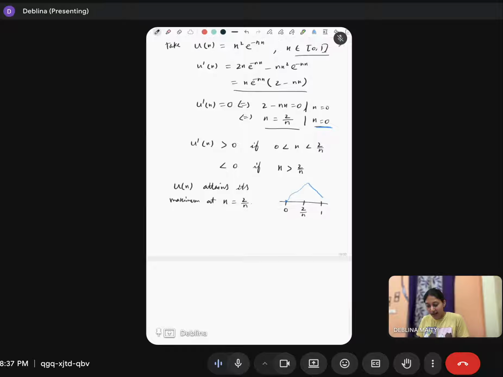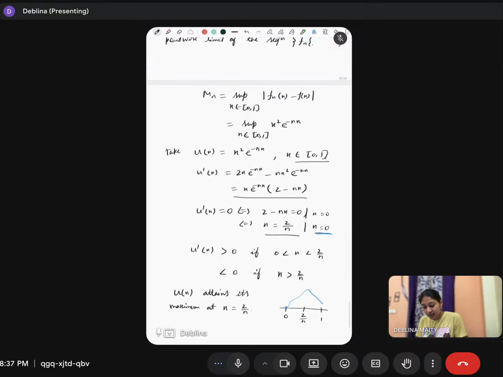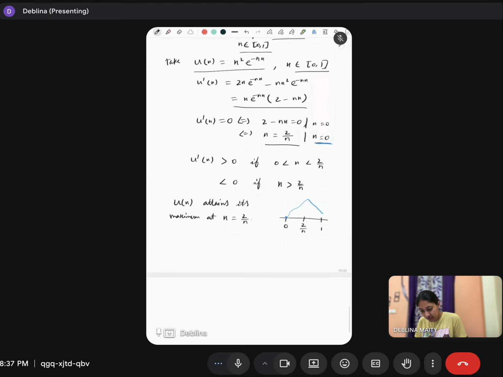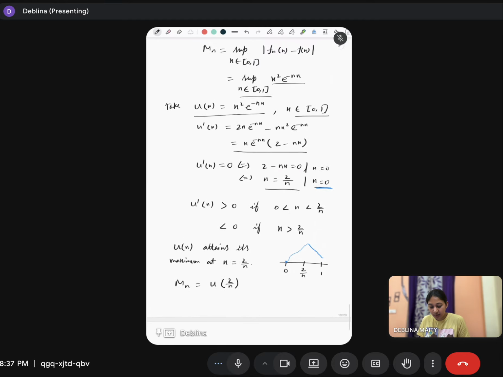Right? And we are finding the supremum of this, the maximum of this u(x). So M_n is actually u(2 by n), because at 2 by n it is attaining its maximum value.